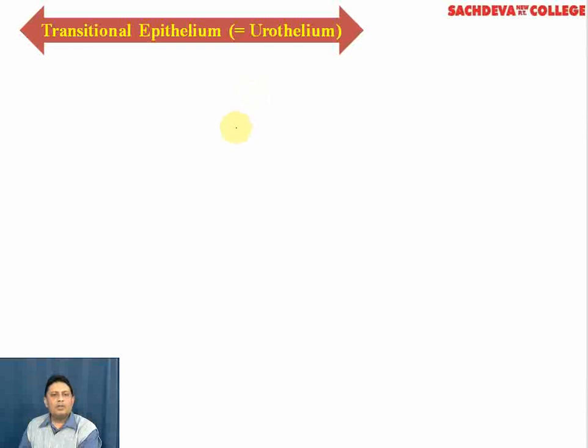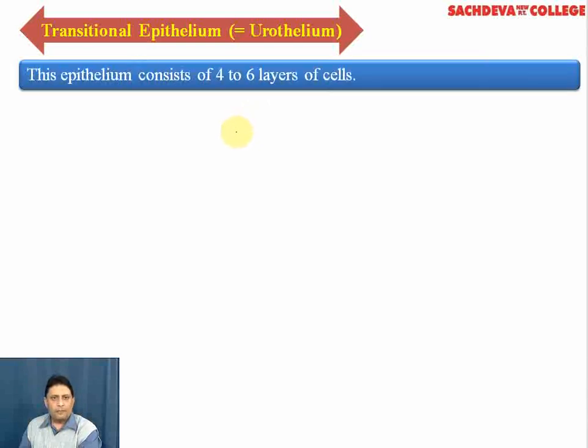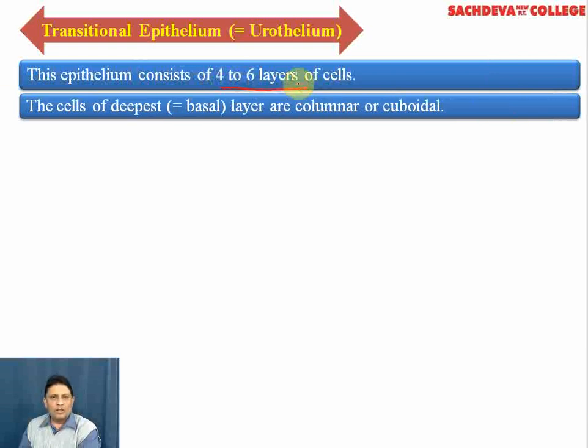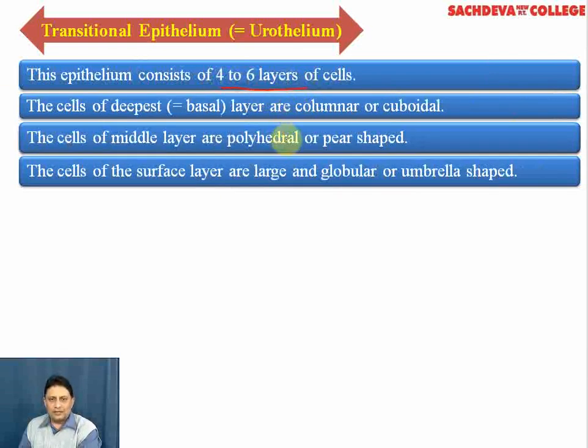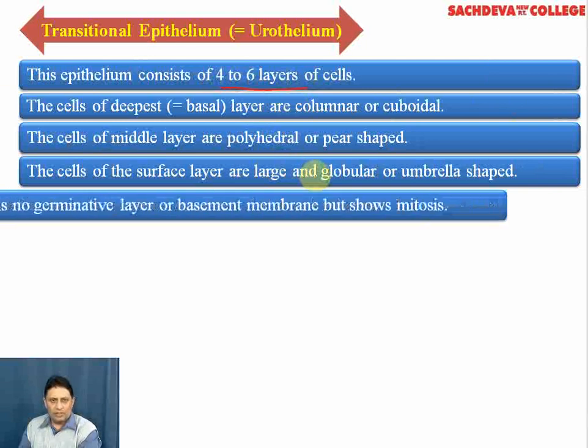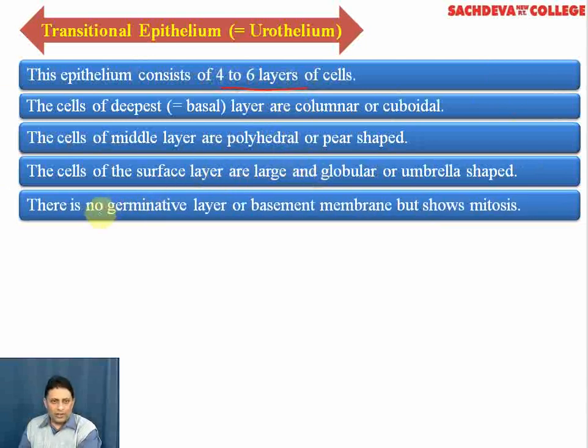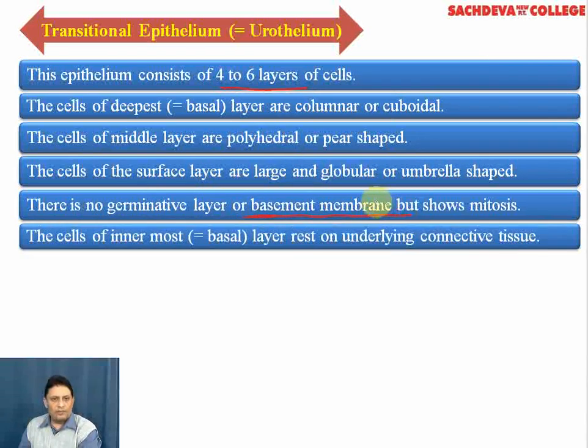Coming to transitional epithelium. Transitional epithelium consists of 4 to 6 layers of cells. The deepest layers are columnar or cuboidal. The cells of the surface are globular or umbrella shaped. But the most important point we had just discussed is there is no basement membrane. Therefore, it can stretch.